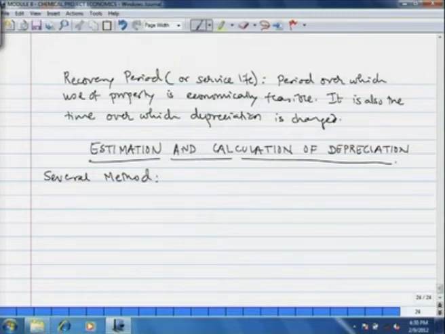The simplest method is the straight line method, also abbreviated as SLM.